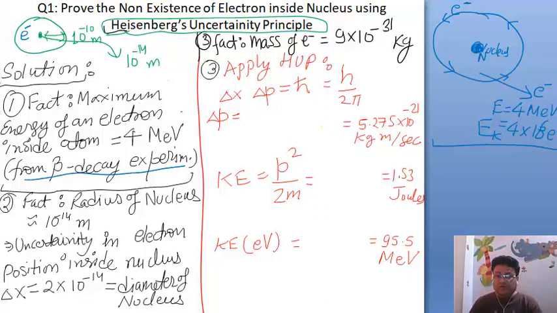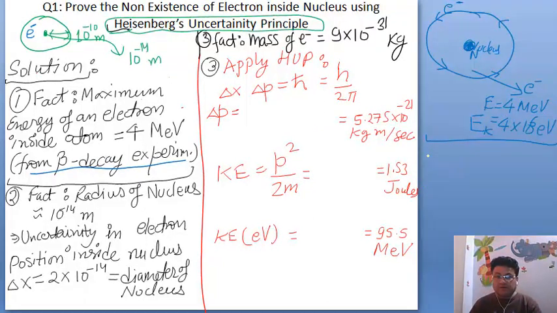Now see, the second fact that we know is the radius of nucleus is of 10 to the power minus 14 meters. This fact was known from Rutherford's experiment.